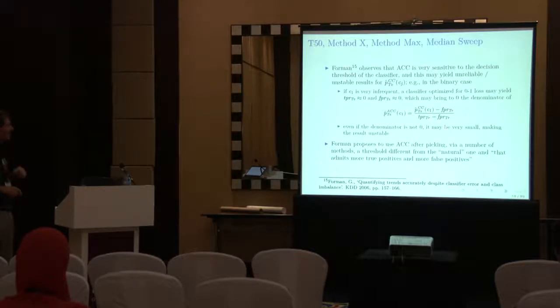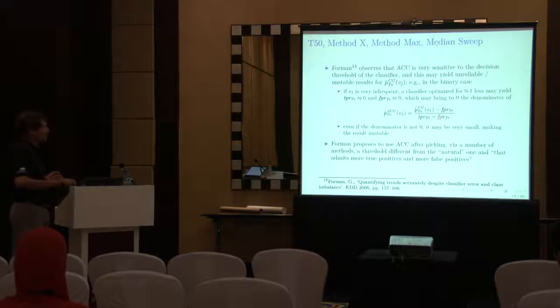What I don't agree very much with is what he did in order to solve this problem. What he proposes is to perform classifying count with a threshold which is different from the natural one that you would pick, such that this number is not 0 or close to 0.